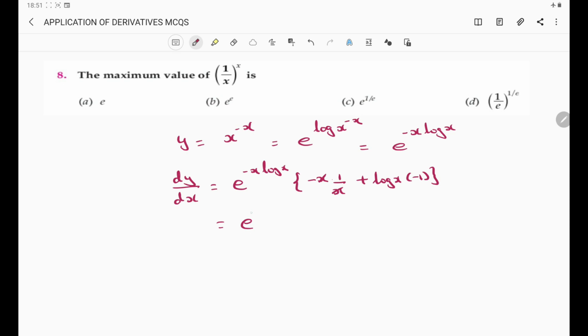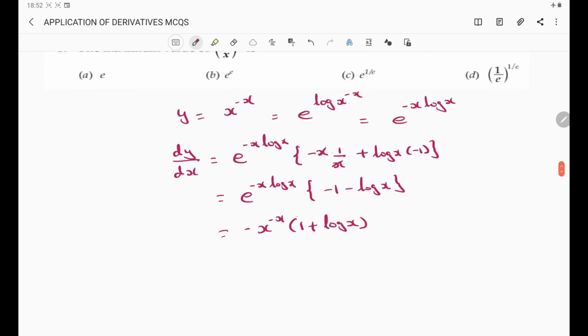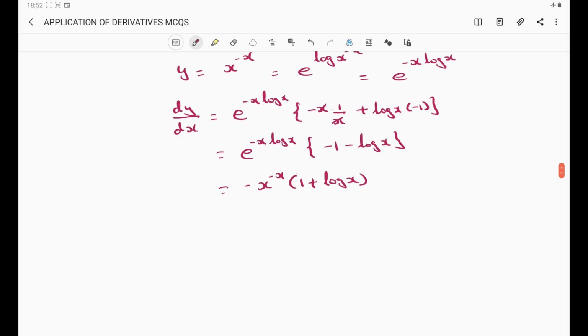You get e to the power of minus x log x into minus 1 minus log x. And we have already seen that e to the power of minus x log x is the same as x to the power of minus x. So we write it as x to the power of minus x into, I take minus common, we get 1 plus log x. So this is dy by dx. And here, to find the maximum value, first of all we should find the critical points.